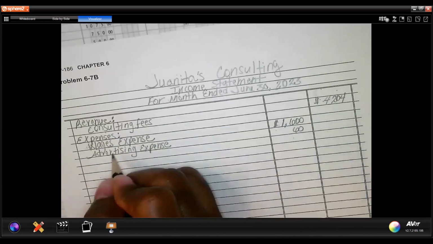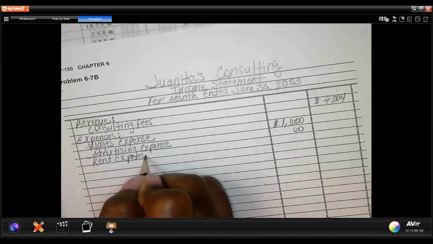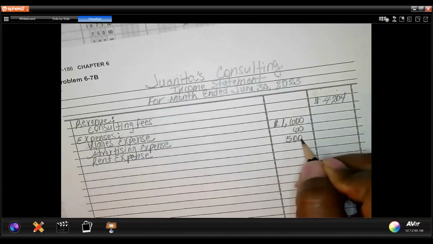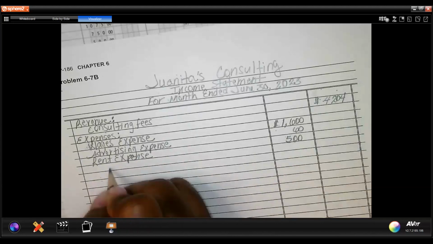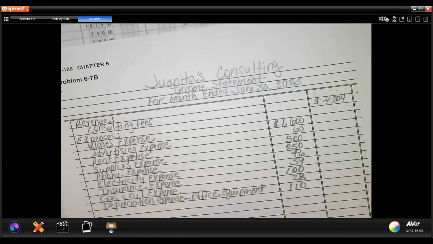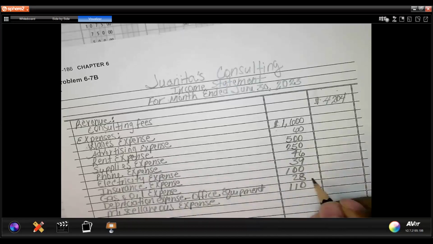Rent expense is followed by rent expense, and that's going to be $500. Supplies expense. The last expense account is going to be a miscellaneous expense, and that account is going to be $21.